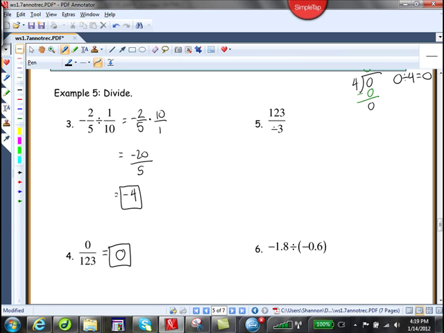This one, we already did this one, remember? This is going to be -41. It's actually going to have a different sign. Last time we had done -123 divided by -3.